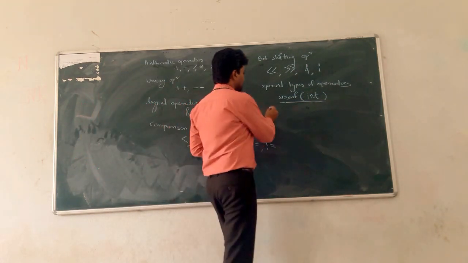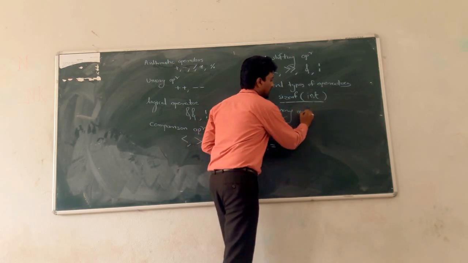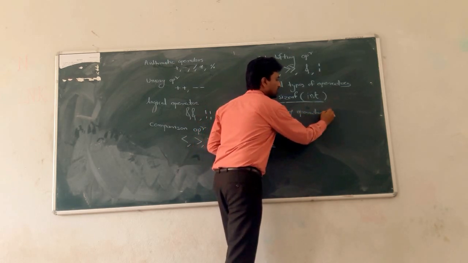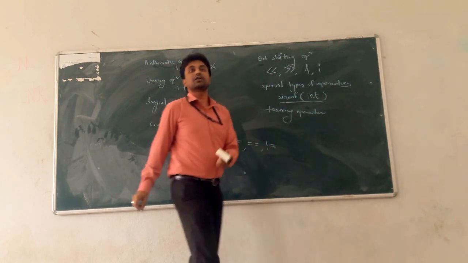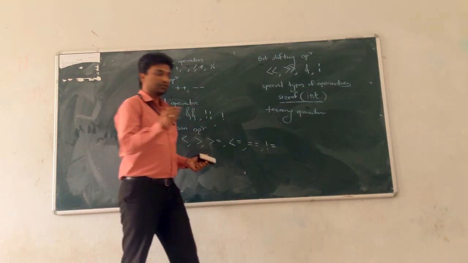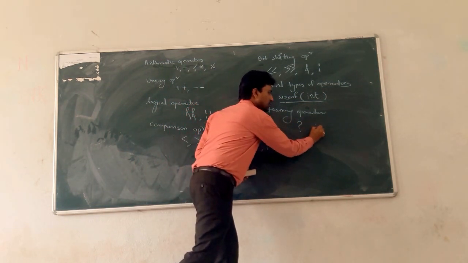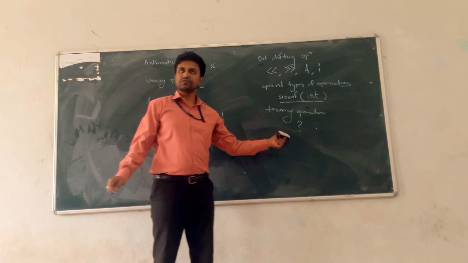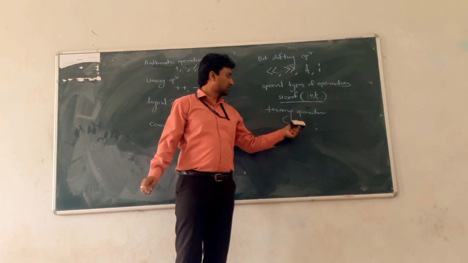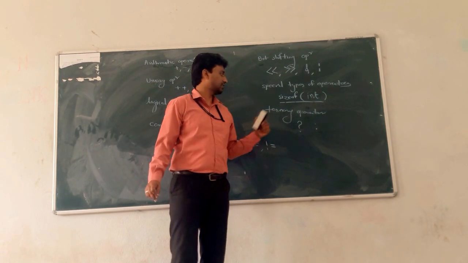Okay. Next, ternary operator, also called tertiary operator, or conditional operator. Clear? So the conditional operator is denoted by a question mark and colon. What is the use of the ternary operator? What does it return? Okay, we will see later on.